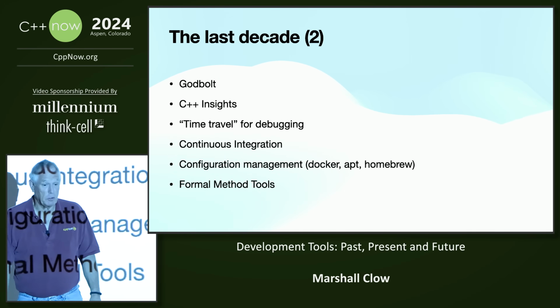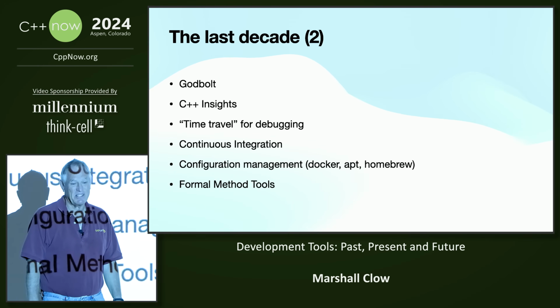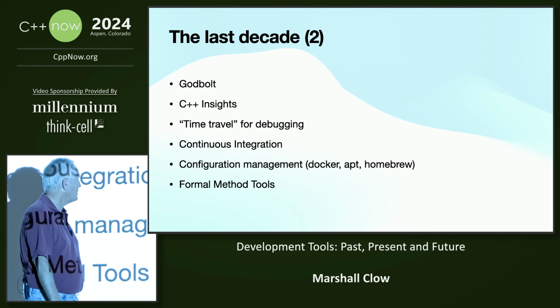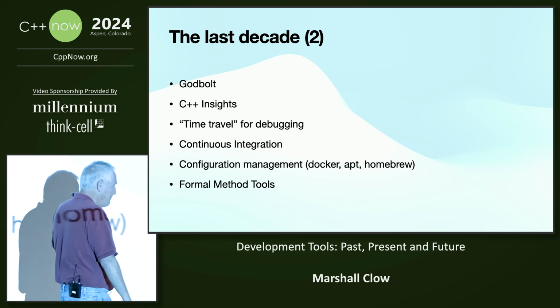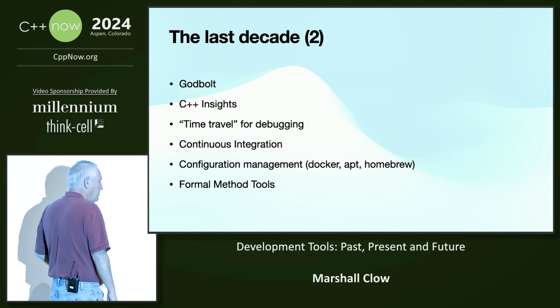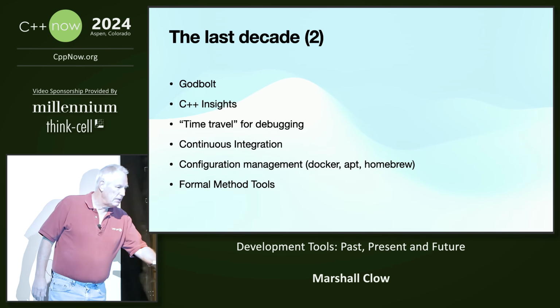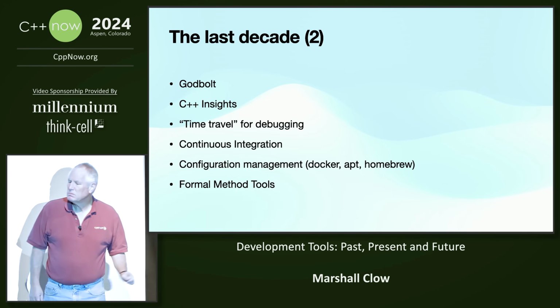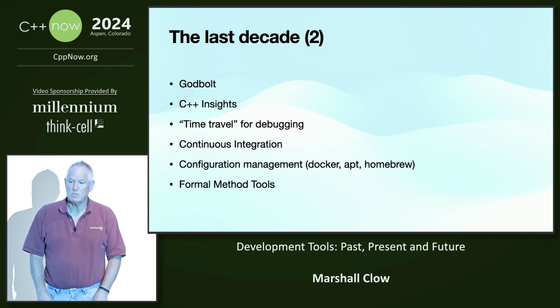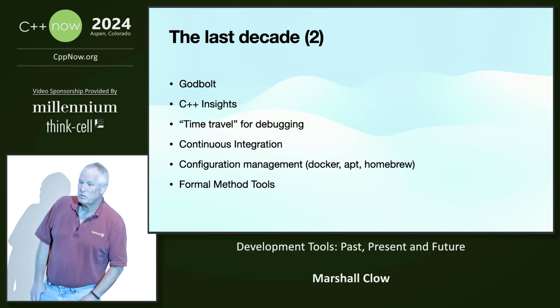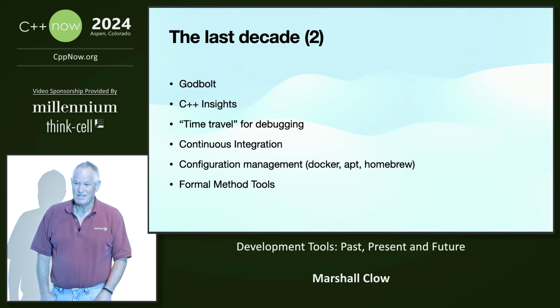This is great. You no longer have to have a room full of machines. You have a room full of configurations, which is great. And formal methods tools have been becoming a lot more apparent in the last couple, 3 years, as again, CPU cycles get cheaper.